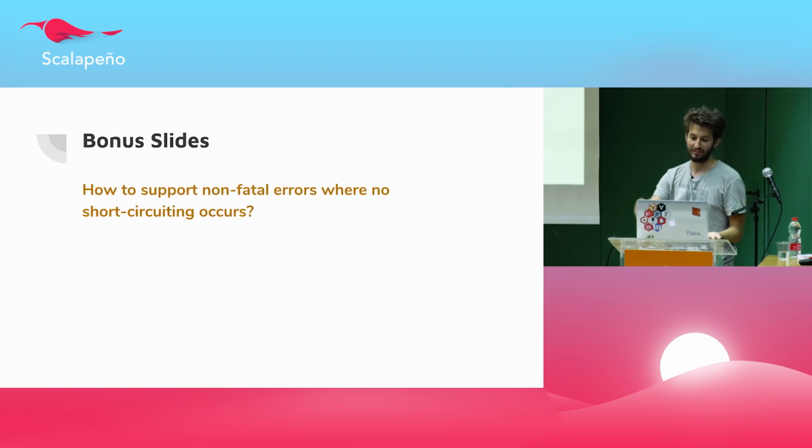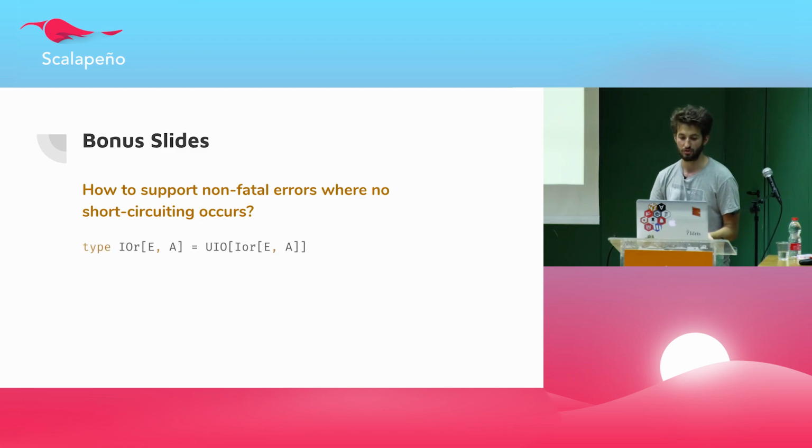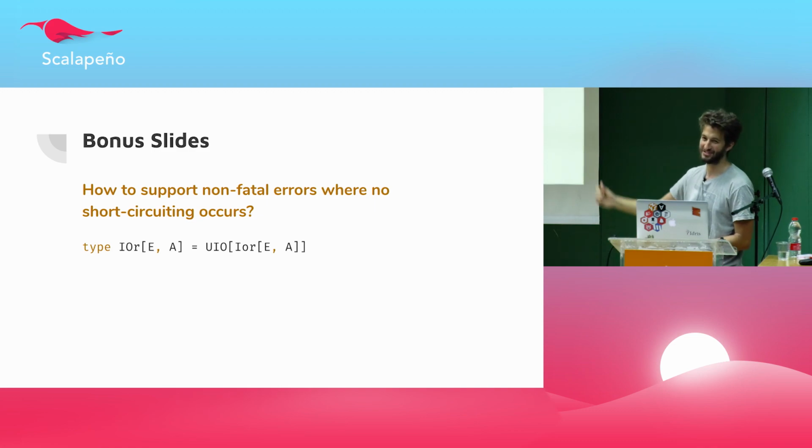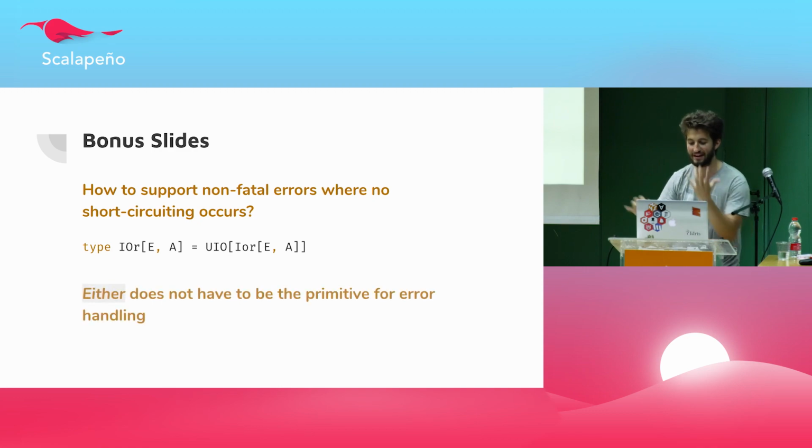Okay, and another thing is how do we support non-fatal errors where no short-circuiting occurs? And that, of course, is the IOR type. So we can do this type, and that's just a UIO of IOR. And what I want to get with this is that Either does not have to be the primitive for error handling.